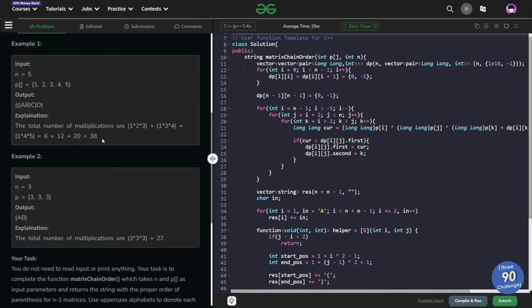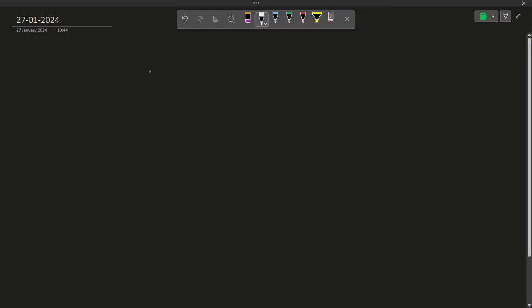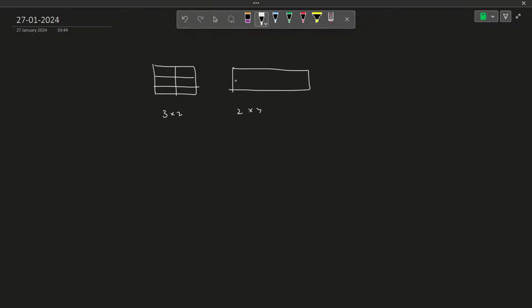Now again, I have said the first part is a very popular problem, the second part is just an extension of this particular problem. So before diving deep into the problem, let us first understand how matrices are multiplied. So the very first rule is, let's say I have a matrix of 3 cross 2 and then I have a matrix of 2 cross 4, right? So 3 rows, 2 columns right here, and then 2 rows and 4 columns right here, right?